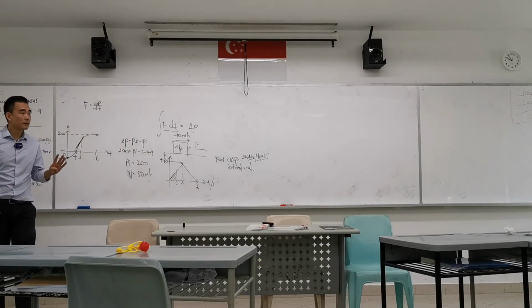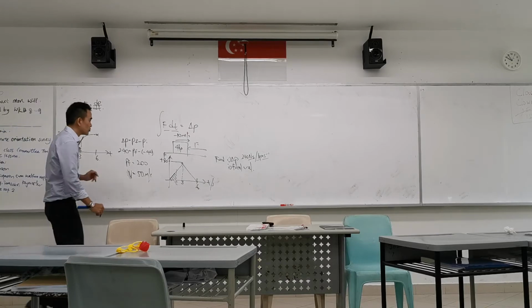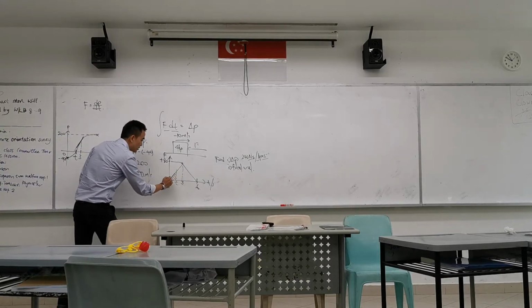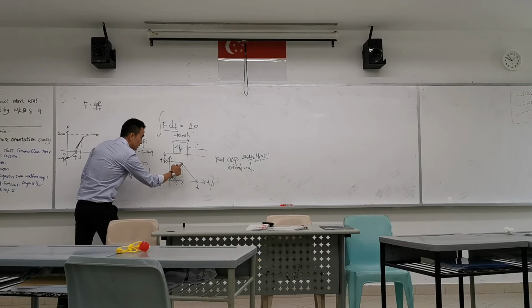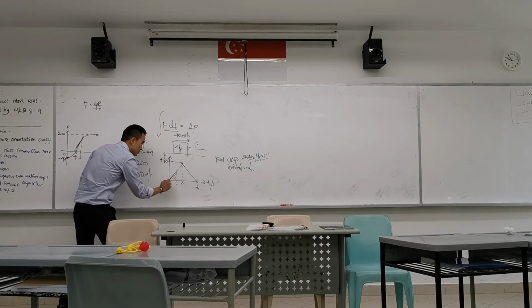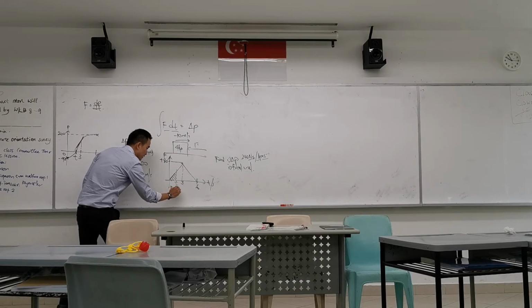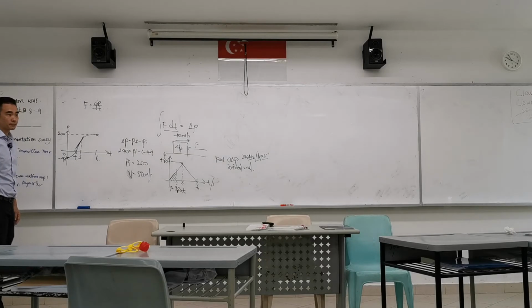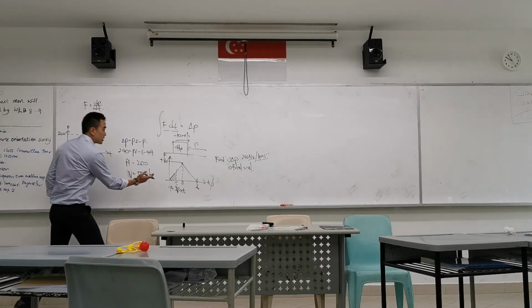It is 40, correct. So how do you work that out? Say the gradient of this graph is going to be 80 divided by 3. So the equation for this graph is F equals 80 divided by 3 times t. Agree? That's the equation for that portion over here.